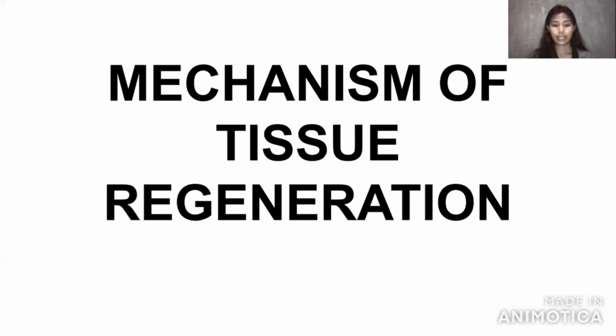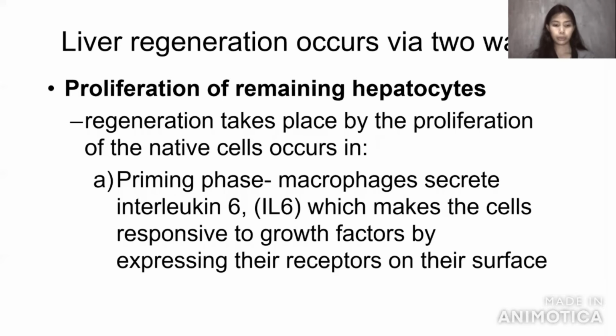Now, let us understand in greater detail about tissue regeneration, taking the liver as an example. So, why liver? Well, because the liver is an organ which has a remarkable capacity to regenerate. Liver regeneration occurs in two ways.